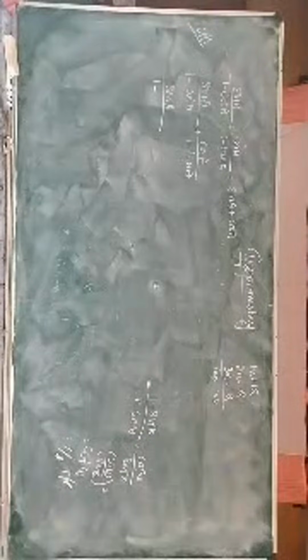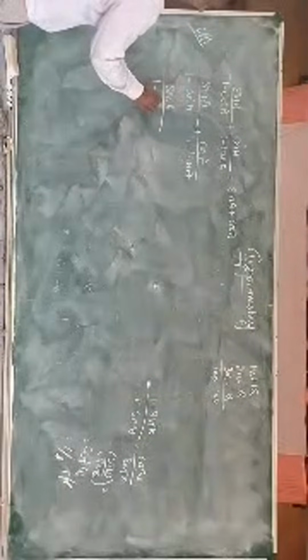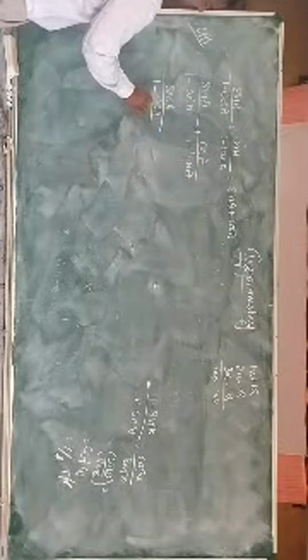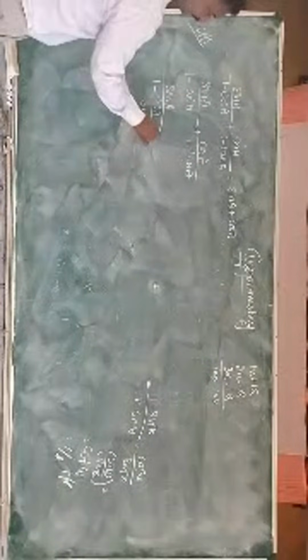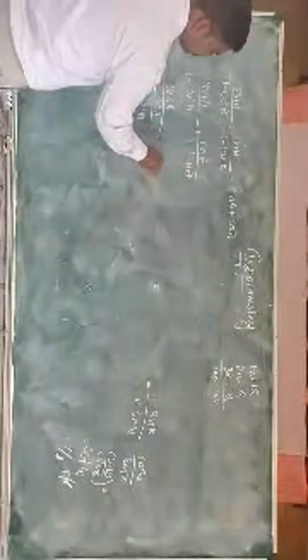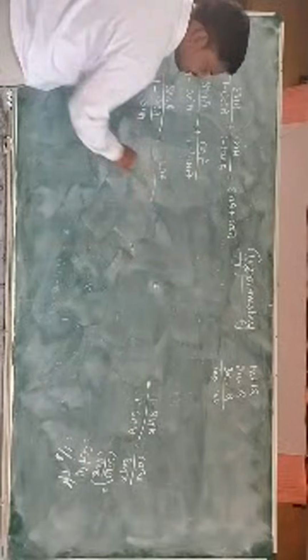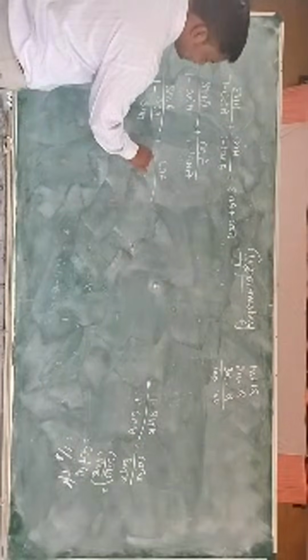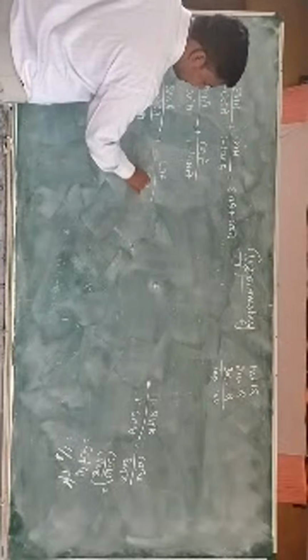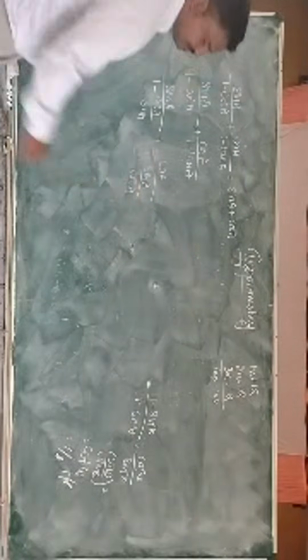So sin A divided by 1 minus cot A. I can write this in the form of sin and cos because the right hand side is in the form of sin and cos. So cot is cos A upon sin A, plus cos A divided by 1 minus sin A upon cos A.